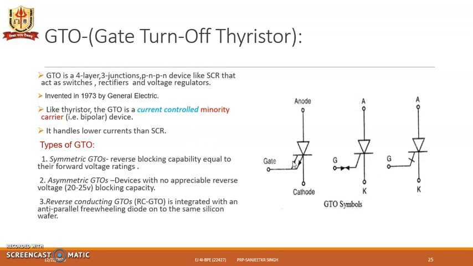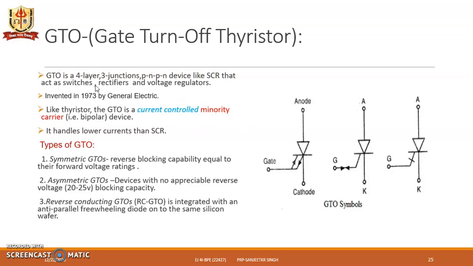This additional feature is an advantage over SCR, which is considered a semi-controlled device, whereas the GTO, with this additional provision of turning it off, becomes more superior in many applications.